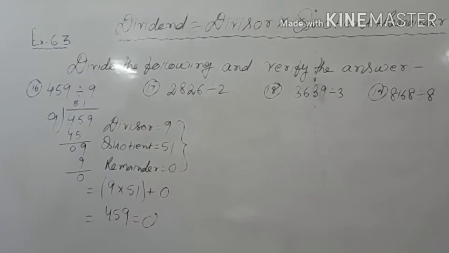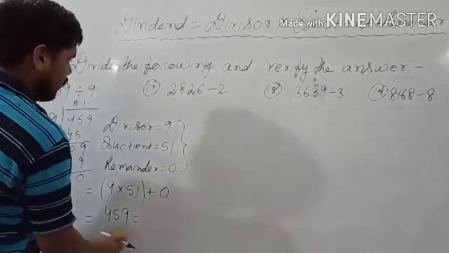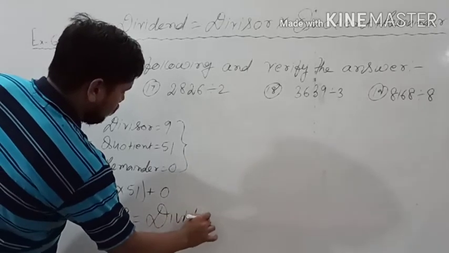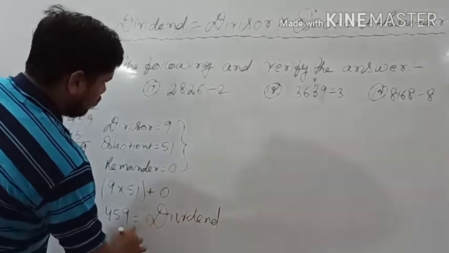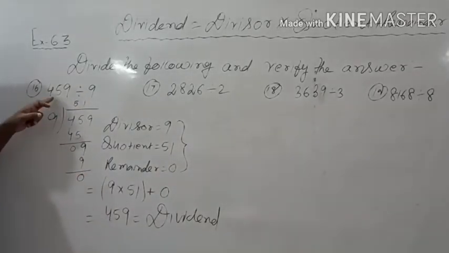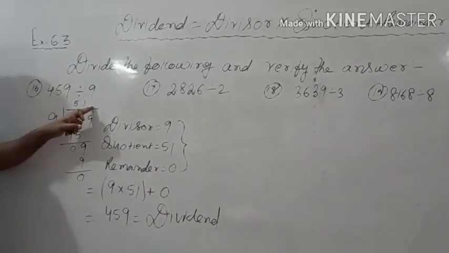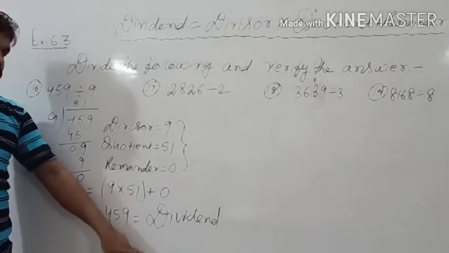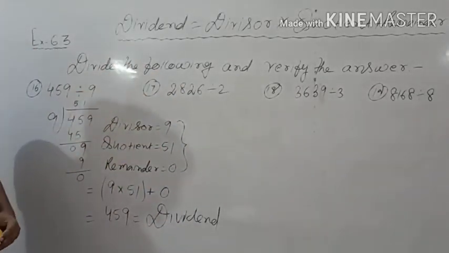Okay, so 459 is the dividend. So this is how this result is verified. इस तरह से आप वेरीफाई कर सकते हो सारे क्वेश्चंस को डिवाइड करने के बाद.